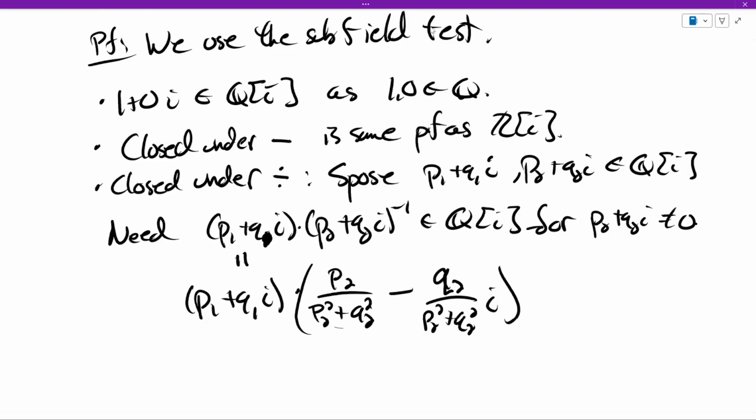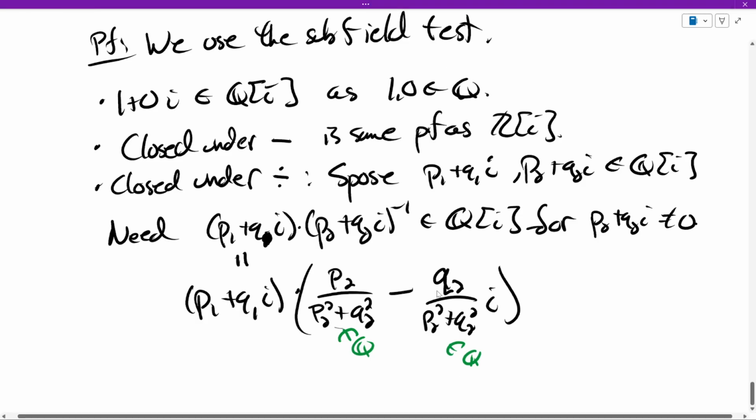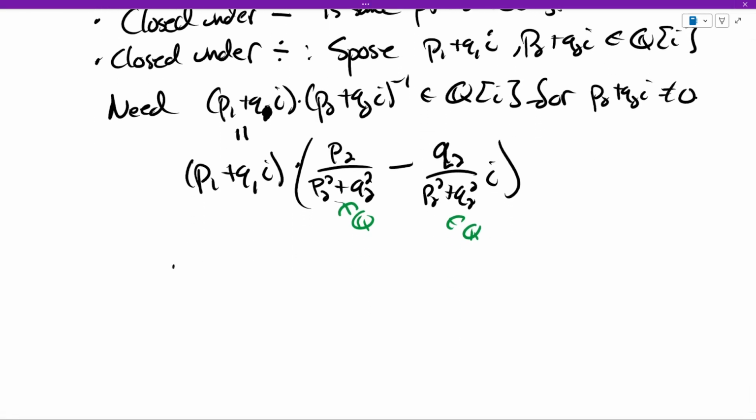Furthermore, the real and imaginary parts here are rational numbers, because it's a rational number squared plus a rational number squared, which is rational, and then a rational divided by a rational. So the real and imaginary parts are certainly rational. Now if we do this product, we get the product of the real parts minus the product of the imaginary parts.